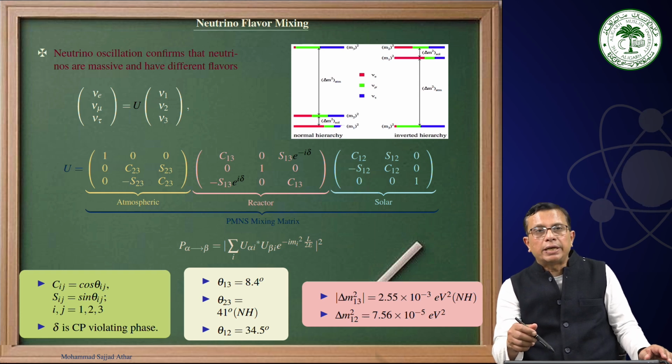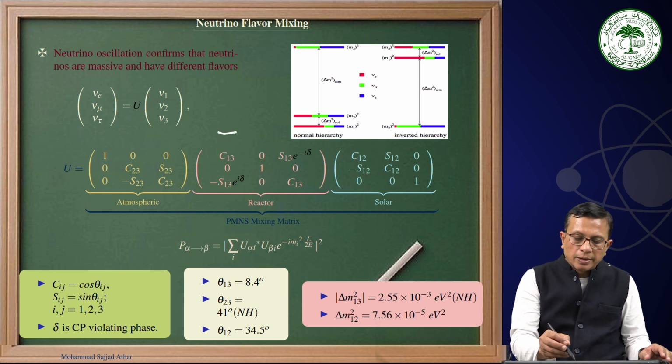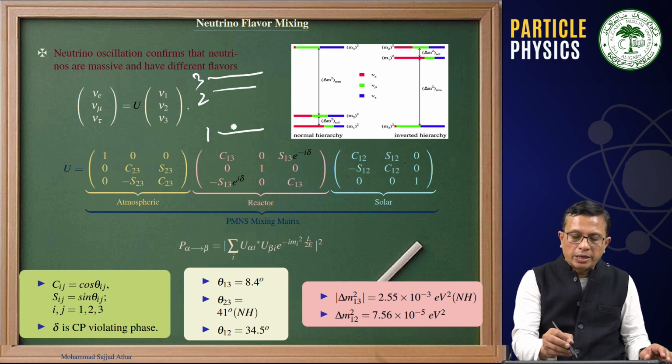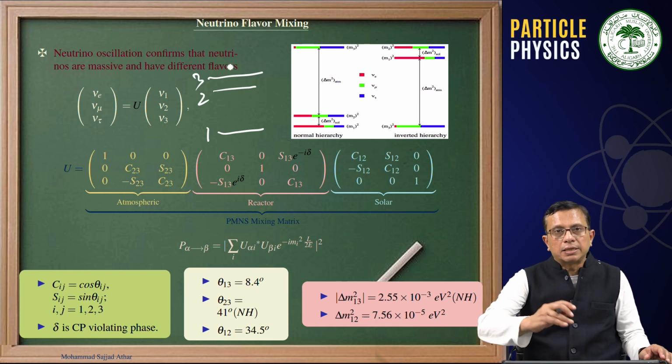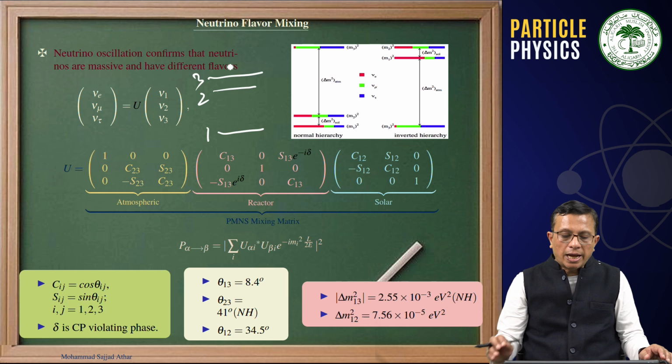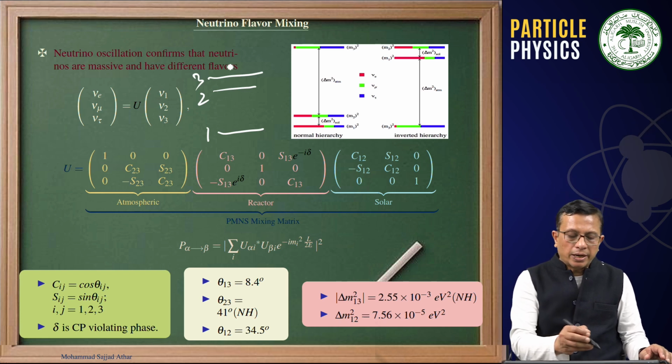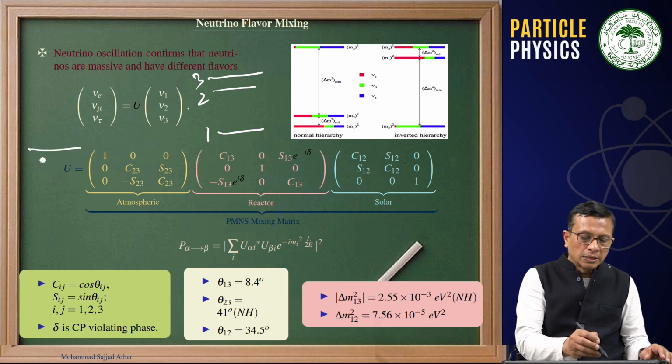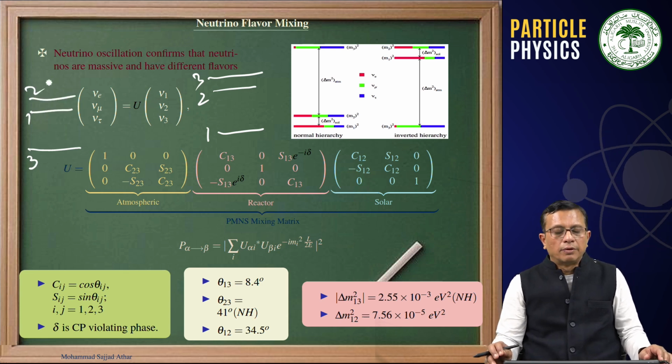One we are calling the normal hierarchy, and another we are calling the inverted hierarchy. If we have something like this, 1 2 3, m1 m2 and m3, then this is the normal hierarchy, and this is what we call the inverted hierarchy.